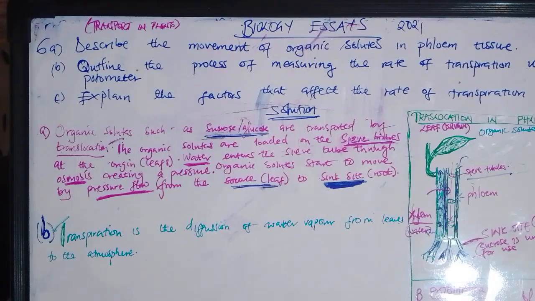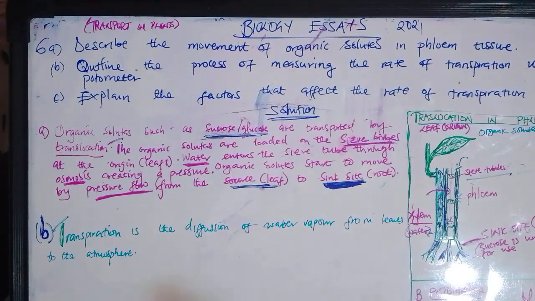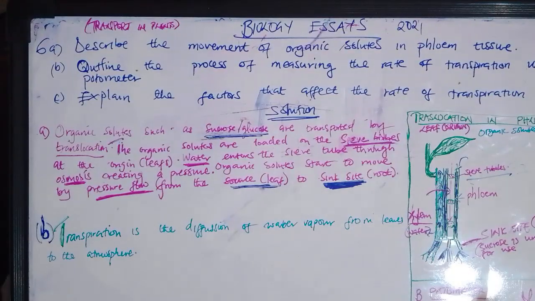Yeah. So once you have defined what transpiration is, the examiners will know that, okay, this pupil has some knowledge. He knows what he is talking about. So now we have described what transpiration is. This is how plants lose water.